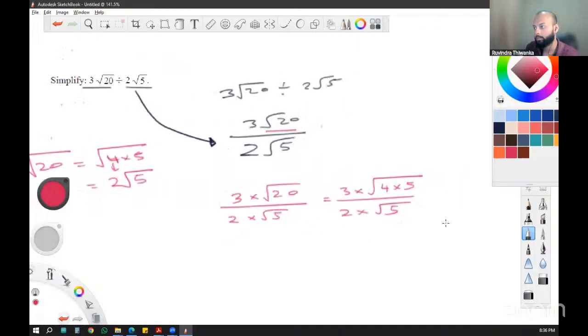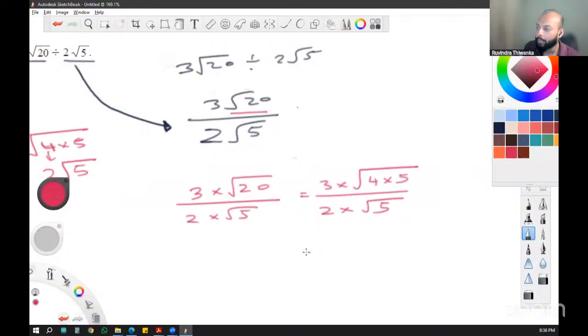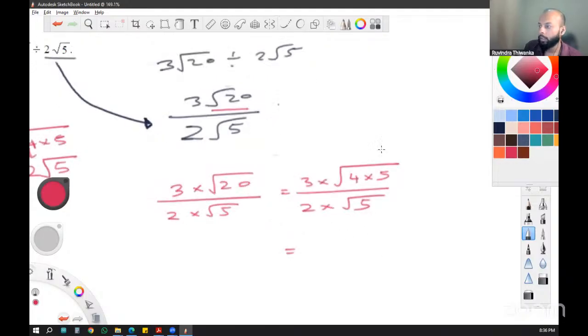Okay, got it, right? Then you can see this root 4 is a perfect square number. So this can convert into 2, leaving root 5. Then again root 5, we can cut off, right? This one and this one.